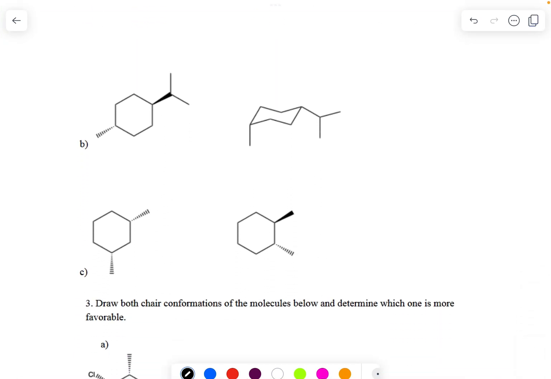Okay, on the down one, what I'm looking at here is I have a trans molecule. So let's call this carbon number 1, 2, 3, and 4. At carbon number 1, I have a methyl that's facing down. Okay, that's correct. So 1, 2, 3, and 4. But at carbon number 4, this is an isopropyl that's facing up.